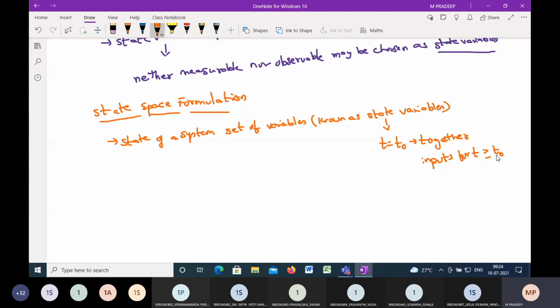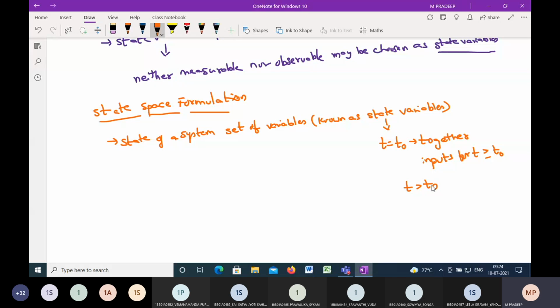So the knowledge of your state variables initially at t equal to t naught, together with the knowledge of your inputs for time t greater than or equal to t naught, by combining these together we are going to determine the total behavior of your system for time t greater than t naught.